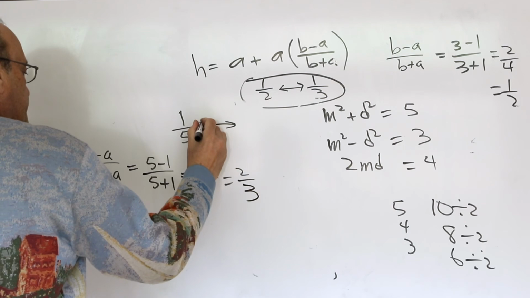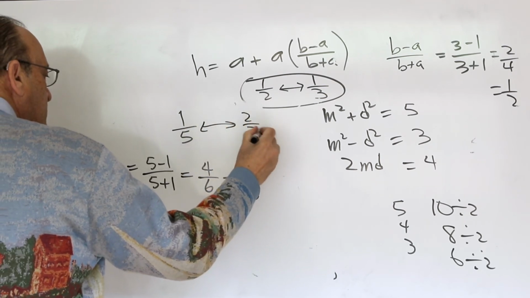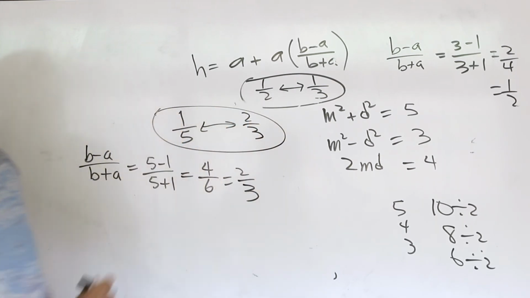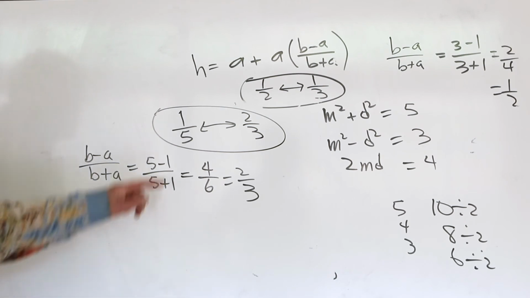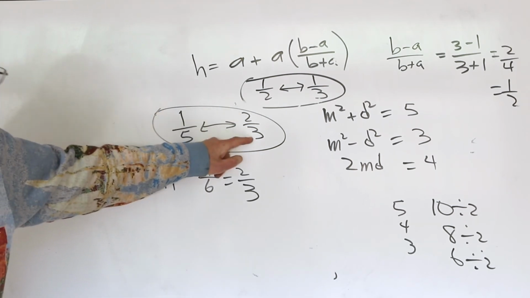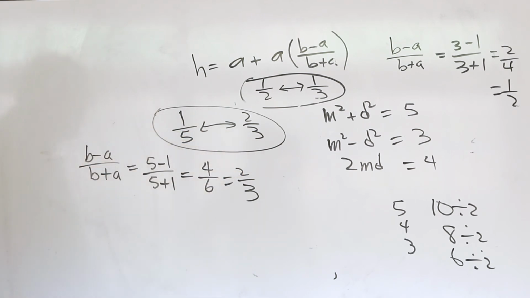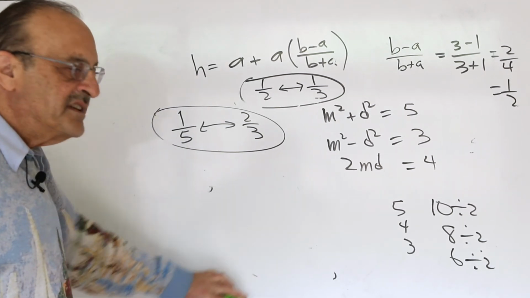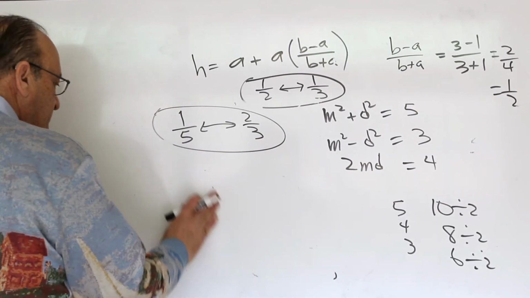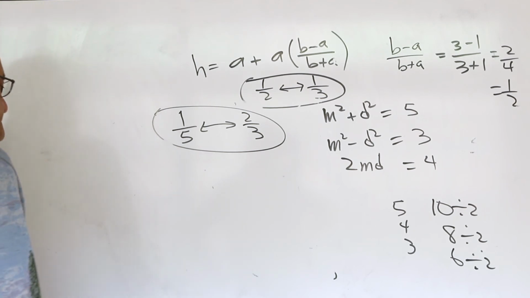So these two fractions are related. Again, we have odd and odd, even and odd. So every fraction has a partner. Let's do another example. Let's look at the fraction 2/3.